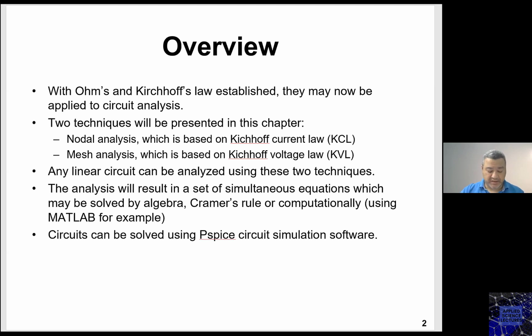In that sense, as we will see later on, those analyses can be solved using simultaneous equations or using computational software, including MATLAB, for example. And there are other solvers that are also used, like PSpice, that also use those analyses to solve circuits.